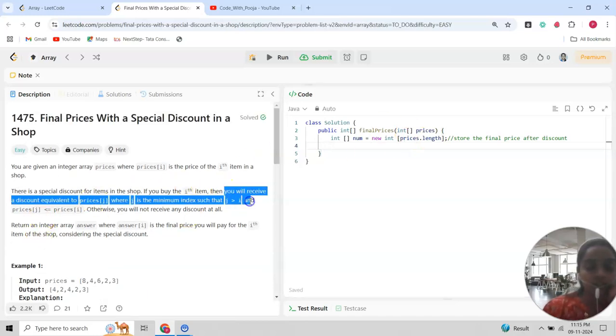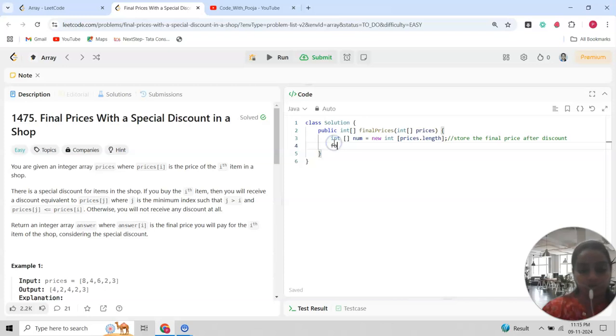Okay, now we need I and j. It means we need 2 pointers. So for 2 pointers, I will use two loops. I equals 0, I less than or equal to prices.length minus 2, and I plus plus.